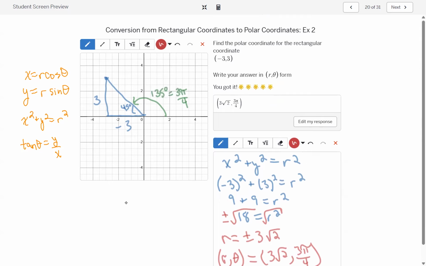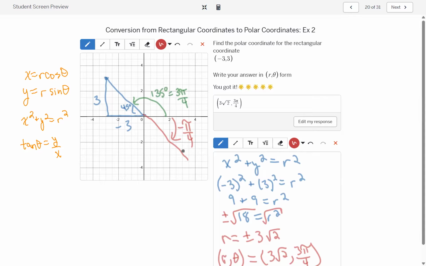An equivalent point, if I wanted to work with a negative radius, I'd look at the angle that's pi radians off from that, which is negative pi over 4. So if I was using my formula, tangent theta, that would spit out negative 45 degrees, which is negative pi over 4 radians.